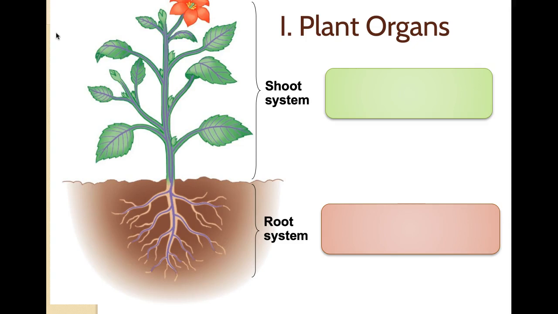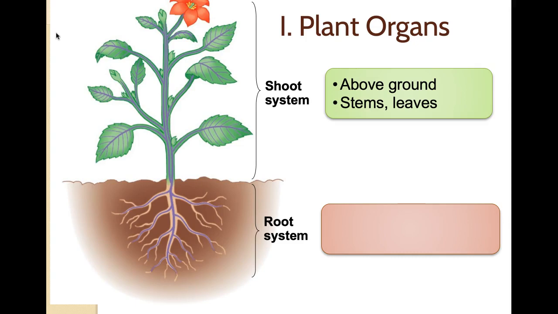Of the 3 basic plant organs, they reside in 2 different systems. The first system is called the shoot system, and this system resides above ground and includes 2 types of plant organs, stems and leaves.